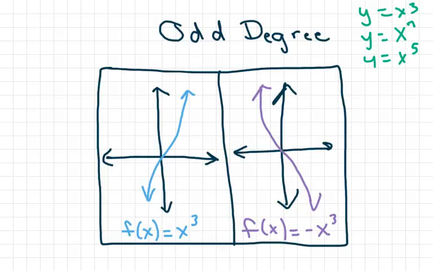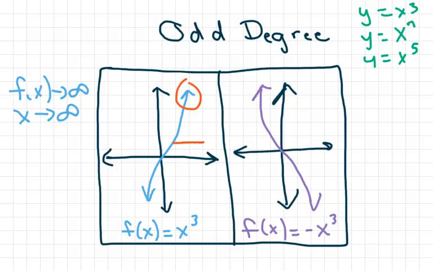This one right here would be y going to positive infinity as x approaches positive infinity. We're looking at the end behavior here.